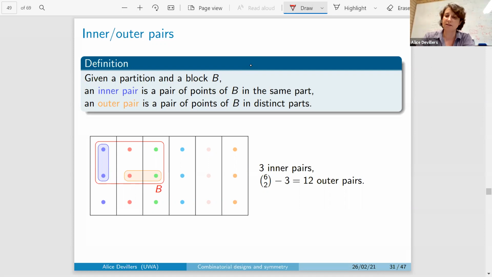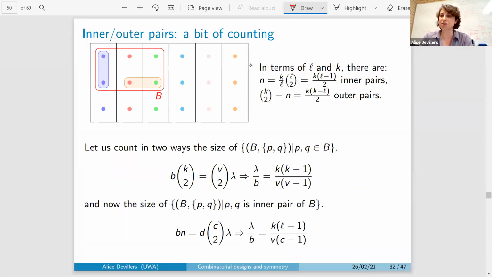So with this example here, the block B would have 3 inner pairs and 12 outer pairs. You can do a similar counting with just the parameters L, k, etc. And then you find that this is the number of inner pairs: k/L times (L choose 2), and the number of outer pairs is (k choose 2) minus that, over 2.